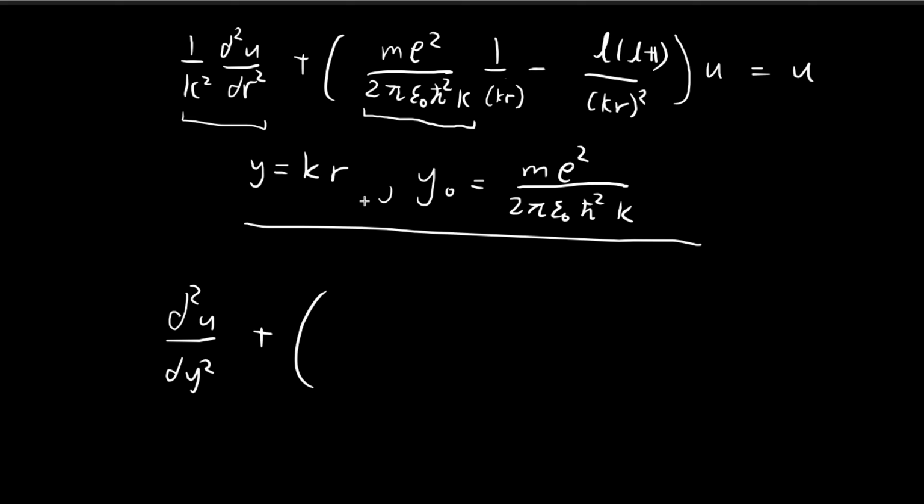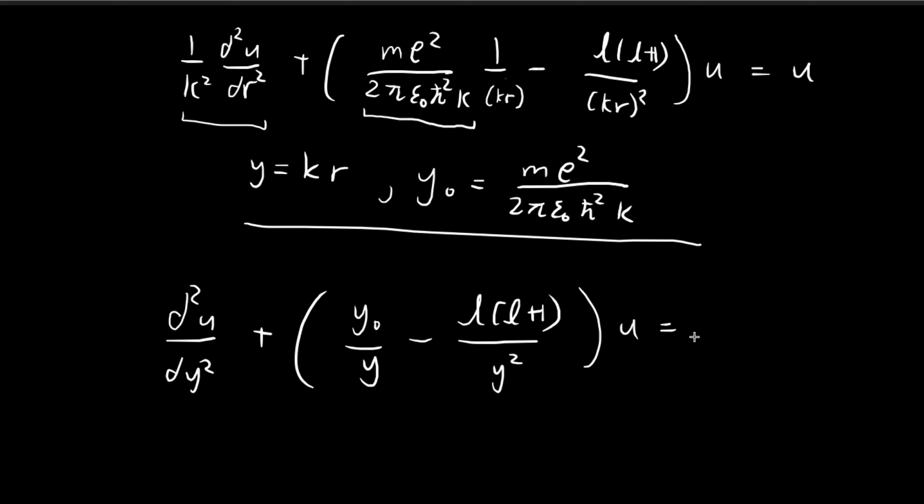And then here you get all these constants. This is just y naught, divided by kr, which is just y. And here we have negative l times l plus 1 divided by, in this case, y squared, multiplied by u is equal to u. Now we can rearrange this slightly. I'm just going to move the terms to the left-hand side.